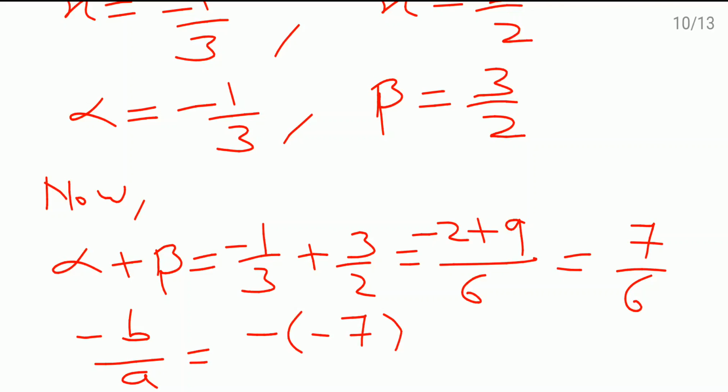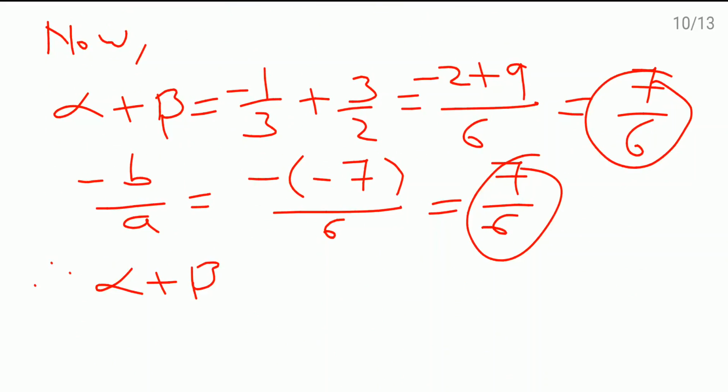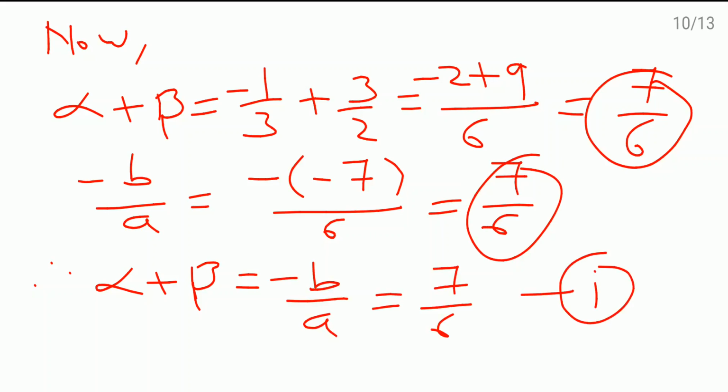Minus 7. And a is what? 6. So our answer comes as 7 by 6. Correct? See, both the values are the same now. This one and this one. So we can write therefore alpha plus beta is equal to minus b by a, which comes as 7 by 6. We'll name it as 1.